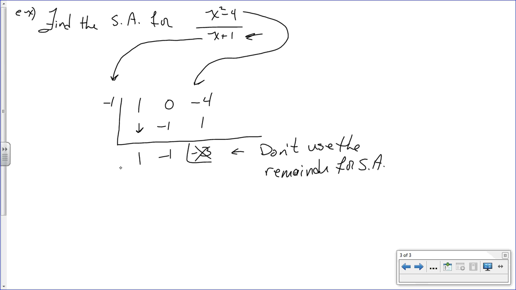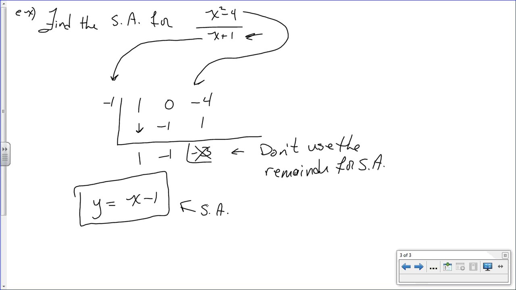So now here we have our 1 and negative 1. Since we started with a second degree, this is going to be a first degree, so this is going to be x minus 1. The equation for the slant asymptote is simply y equals x minus 1. And we found our slant asymptote.